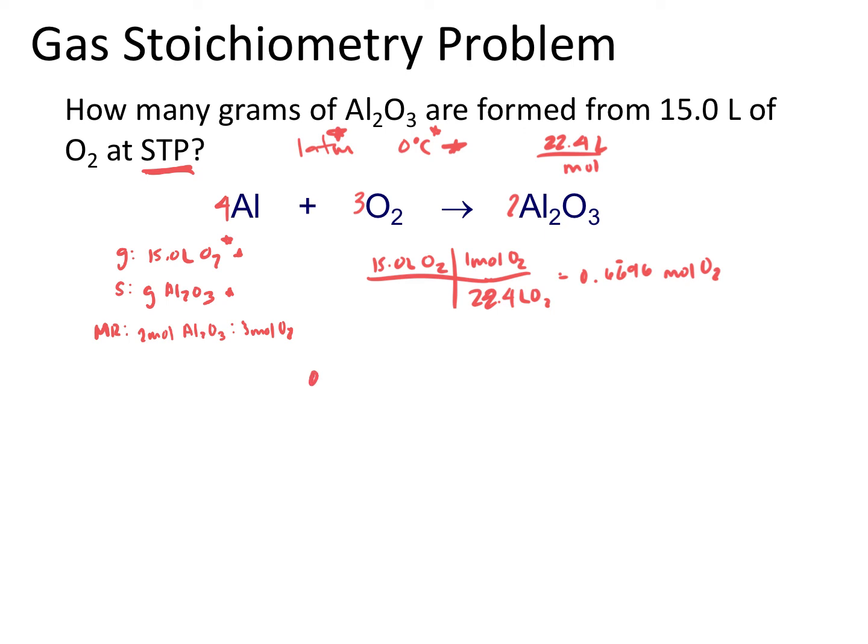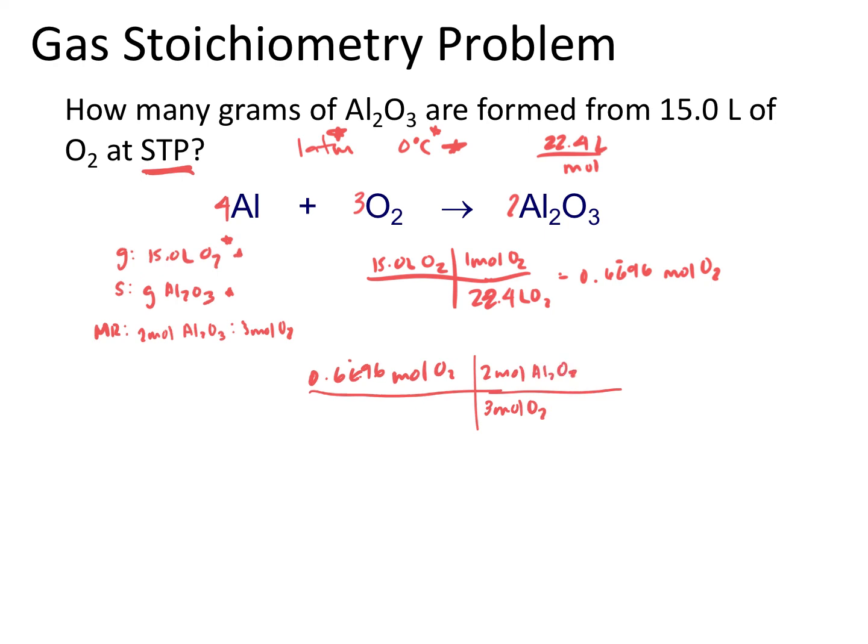Okay, so now we're going to take our number of moles of O2 and use our mole ratio to get into our quantity of Al2O3. We have 3 moles of O2 for every 2 moles of Al2O3.